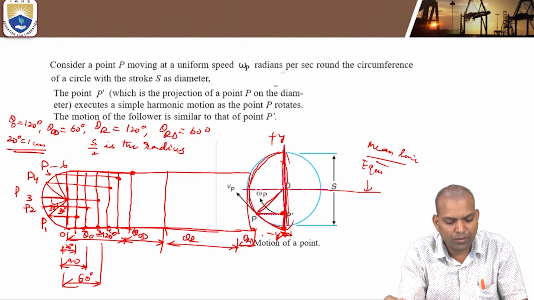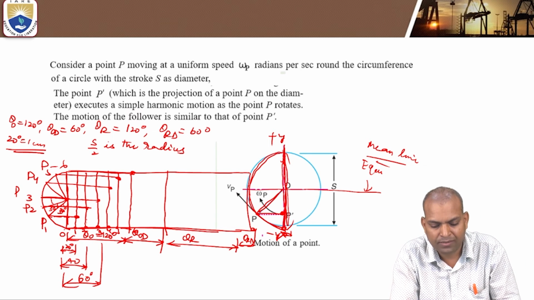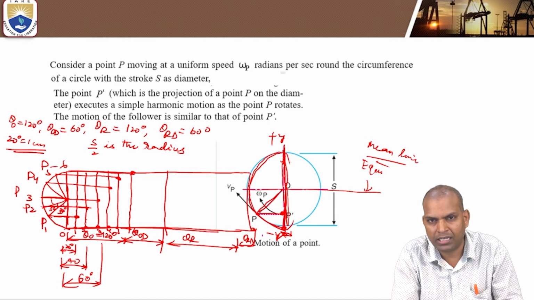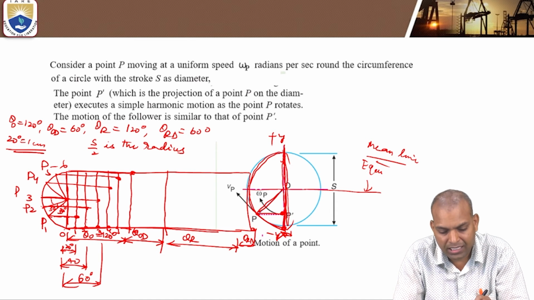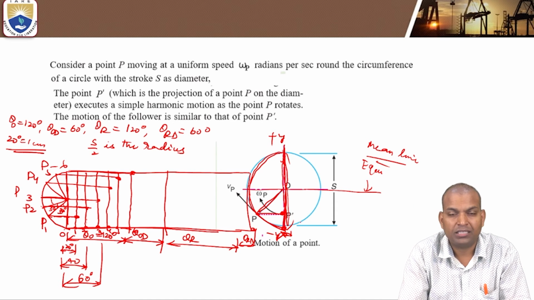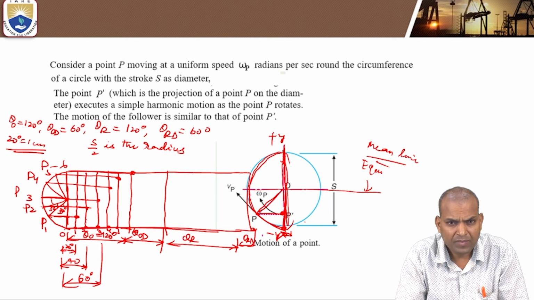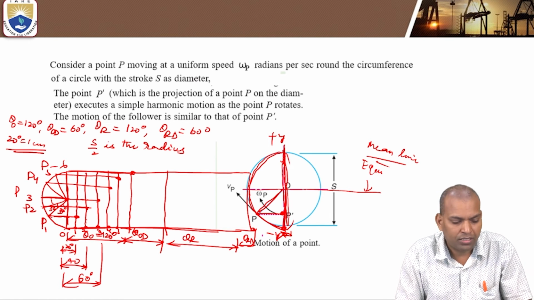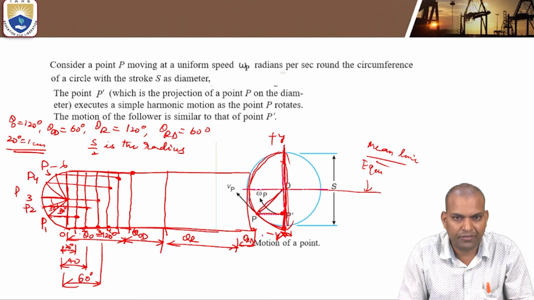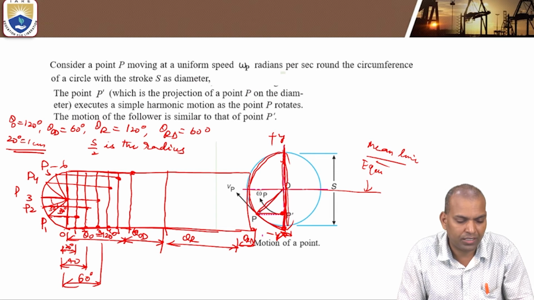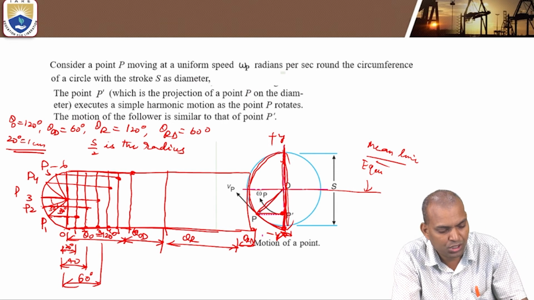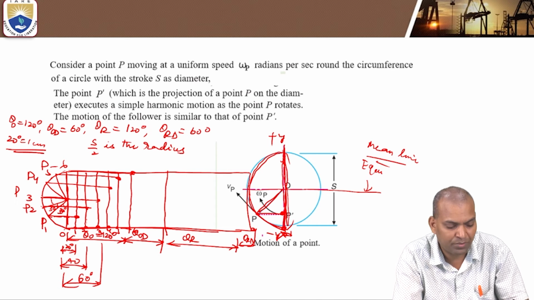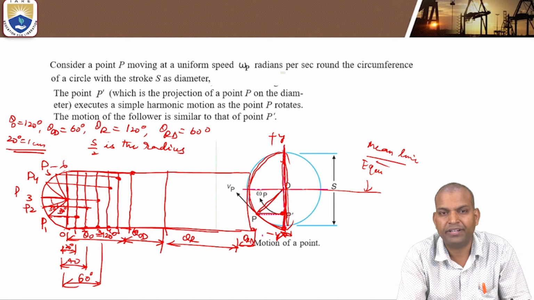But for the simple harmonic motion, this circle is how much? This is 180 degrees. But that 180 degrees, the length, the diameter, is the stroke of the follower. So the stroke of the follower, how many parts do you have to divide it into? We divide it into an even number of parts. The outstroke of the follower and this SHM circle should be divided into the same number of parts.